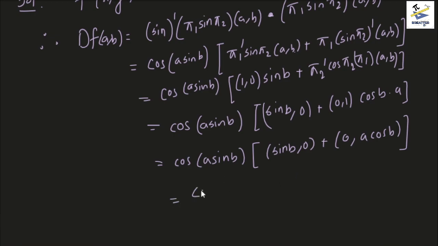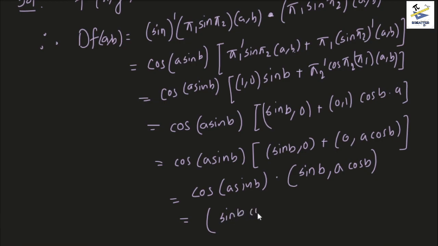Adding them together, we get cosine of a sine b multiplied by the vector sine of b comma a cos b, and multiplying everything together, we get sine b cosine of a sine b comma a cos b cosine of a sine b, which is our answer. So this is a 1 cross 2 matrix, as you can check, which is the answer.